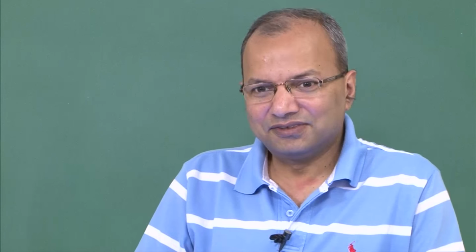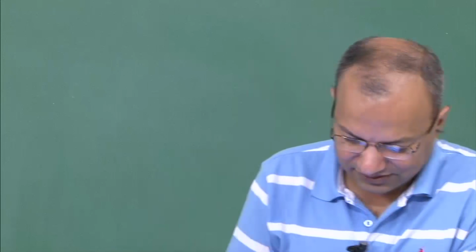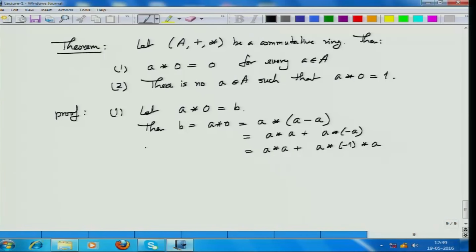So, therefore I have to open another front here, that is, look at minus 1 times A, and I want to prove that it is minus A. So, add A to it.